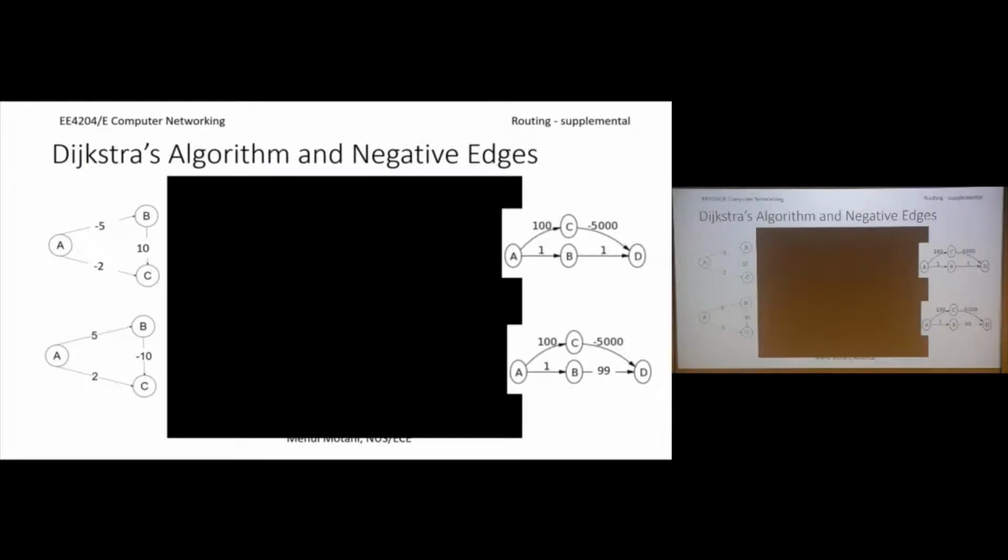If you're stuck, what you need to do is start at A and make the best decision. So what's the first edge in your shortest path spanning tree? AB, right? Because 1 is less than 100. What's the second one? BD, right? And then AC. So the spanning tree returned by Dijkstra has edges AB, BD, and AC, in that order.